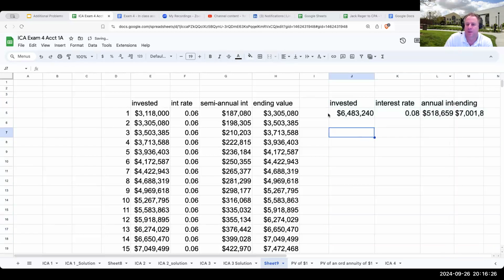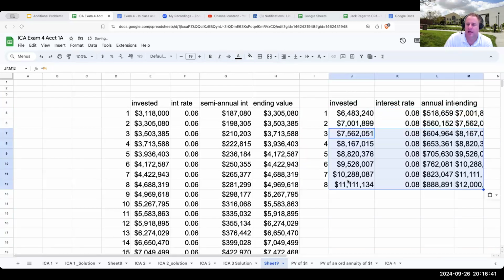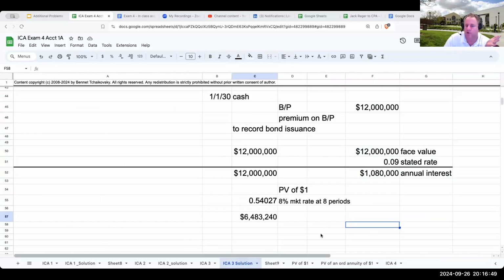But unlike the other one, this is only being paid out to us 8 times. So if we look at this, at the end of the 8th year, it's now worth $12 million. That's how present value works.